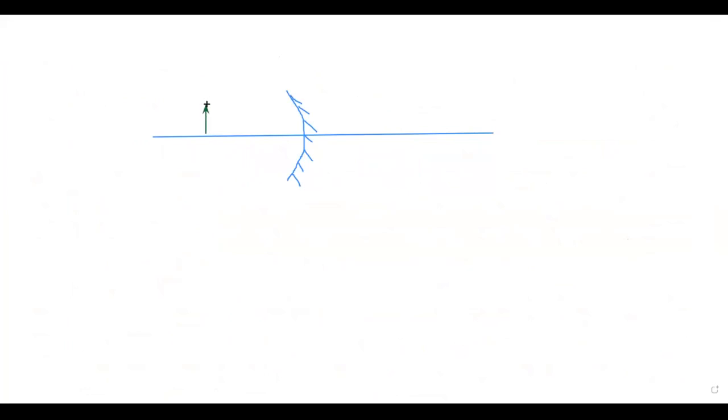The object was placed on the left side of the pole. That means the distance u will be taken as negative.